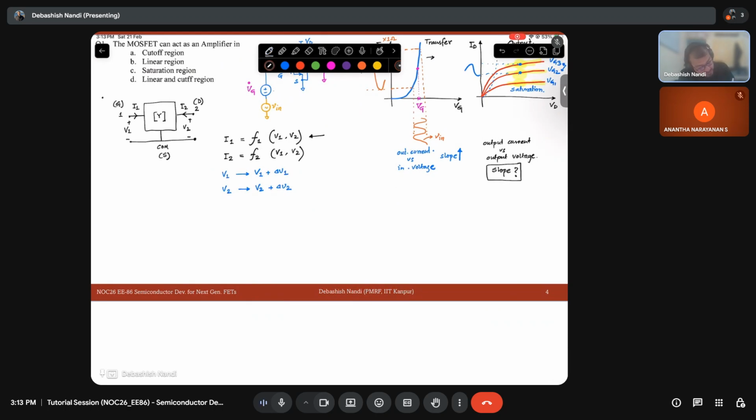So basically your I1 will also have a small component due to this, which will be a function of V1 plus this small delta V1, comma V2 plus this small delta V2. Is that okay so far?